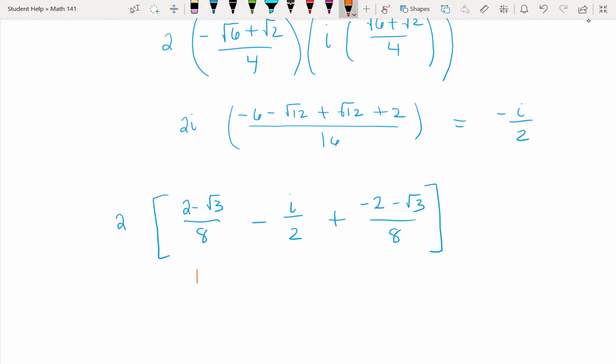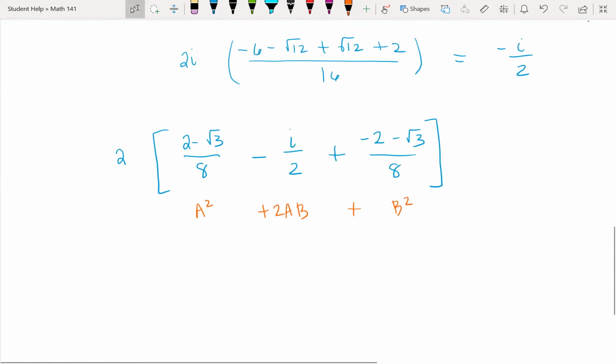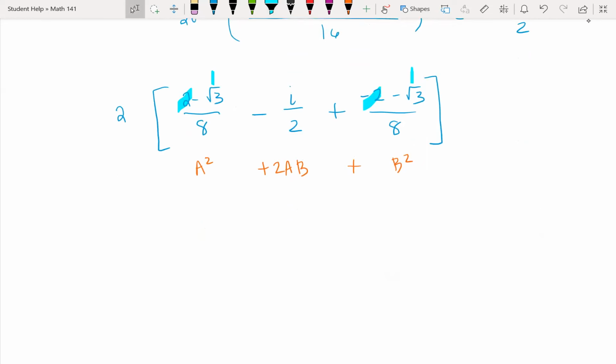So again, this is the a squared part. This is the plus 2ab part, and this is the plus b squared part. And so a bunch of things are going to cancel. We're going to have this +2 and this -2 cancel. We're going to have this and this double up. So I'm going to end up with 2 on the outside. I'm going to have -2 times the square root of 3 over 8.